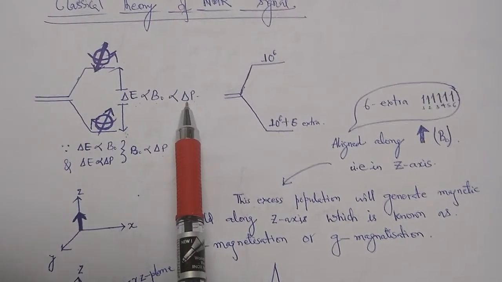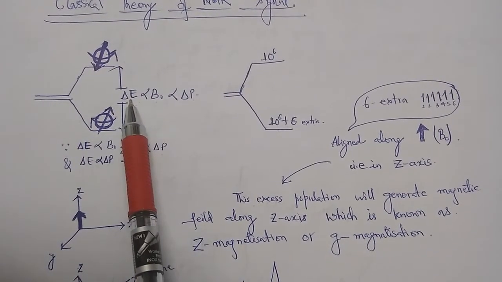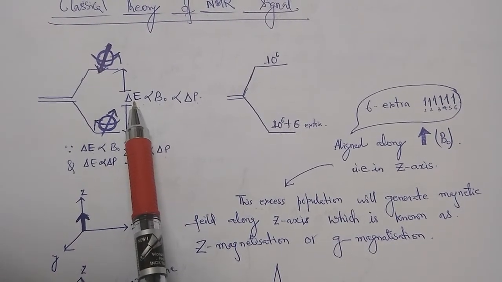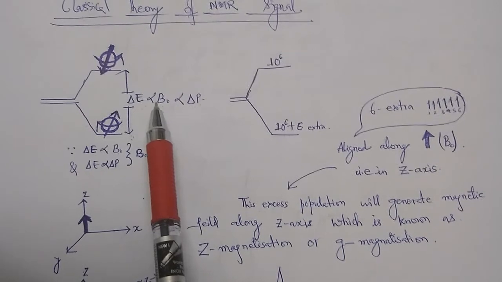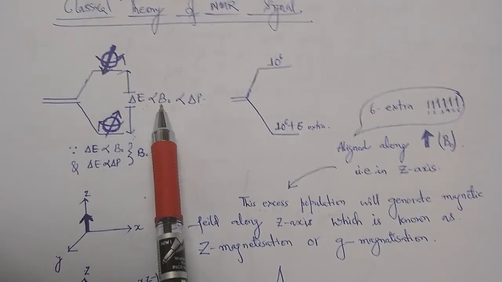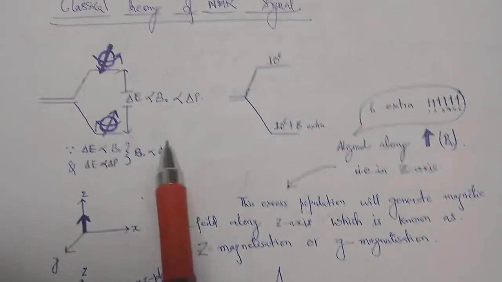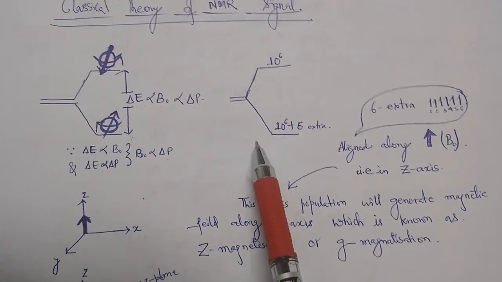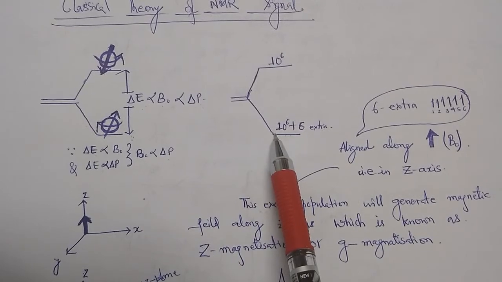Now as we can see here, the difference in energy level due to application of the external magnetic field creates a population difference, and the excess of population will be in the lower energy level.